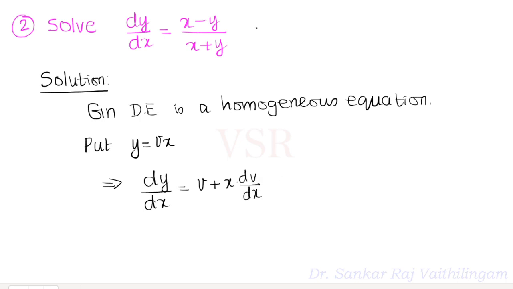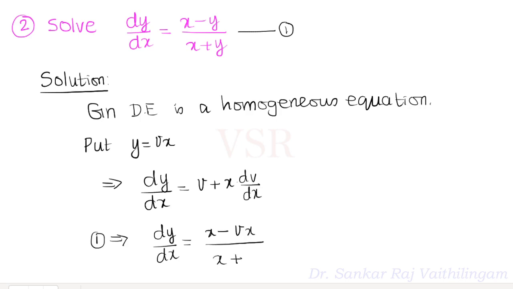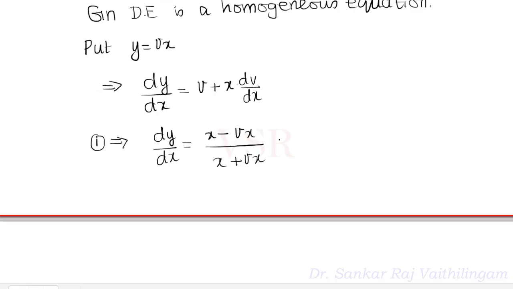In the equation, dy by dx is equal to x minus v times x divided by x plus v times x. This implies that x will get cancelled.